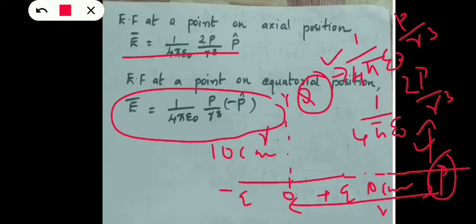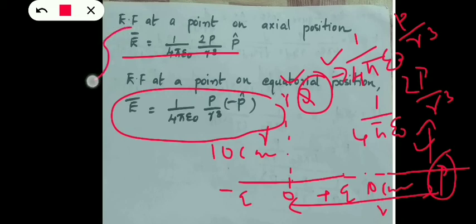So on the axial position, the electric field intensity is twice that at the equatorial position. Or we can also say the electric field intensity on the equatorial position depletes, meaning decreases, faster than on the axial position. So why is it so?